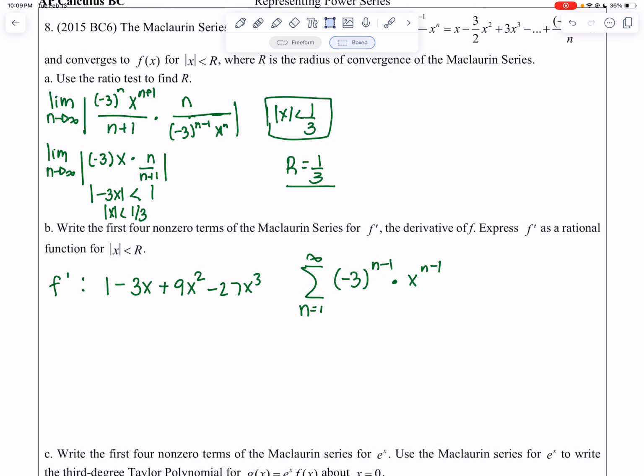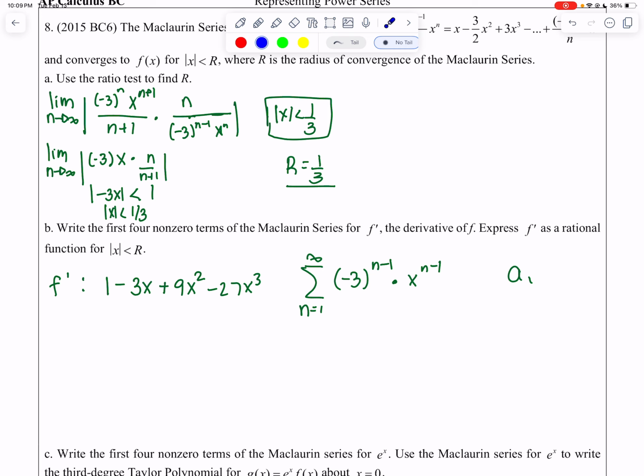Now, based off of this information, it tells us to express f prime as a rational function. So this is not a rational function right here. But remember that our form is 1 over 1 minus r, aka the sum. So thinking about that strategy, my first term, if I were to plug in 1, negative 3 to the 1 minus 1 is 0, and then I'm going to have 1 minus 1, which is 0.